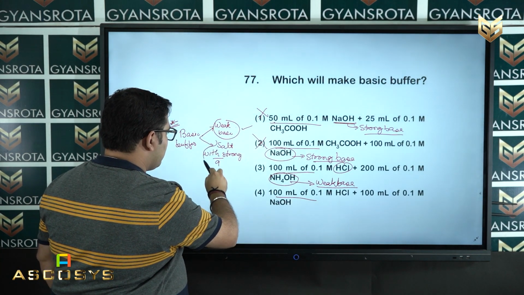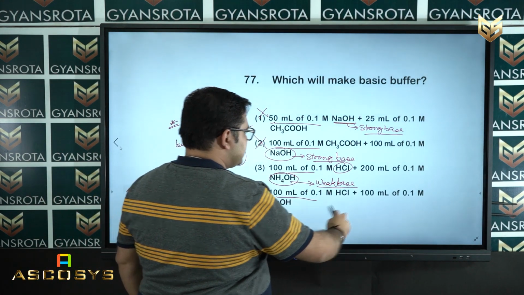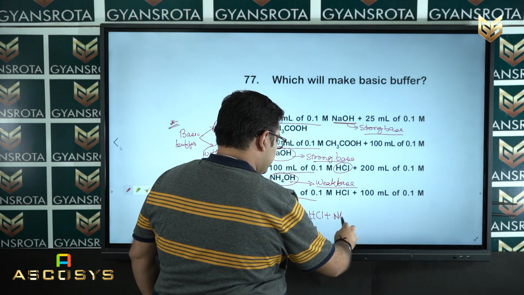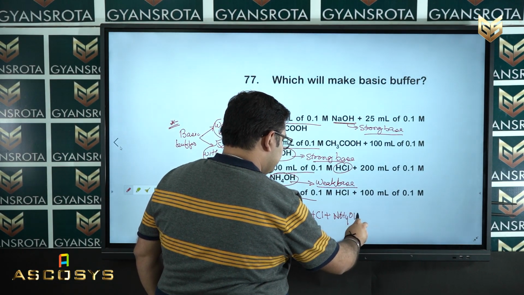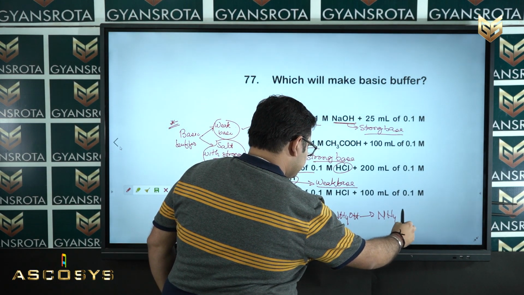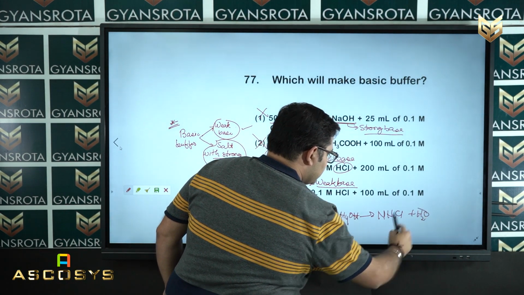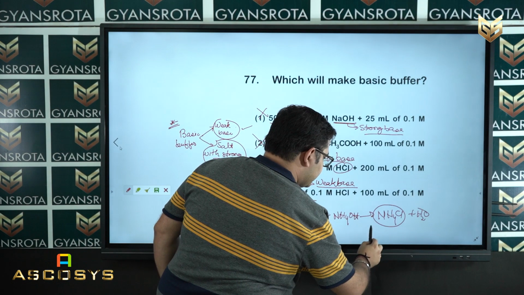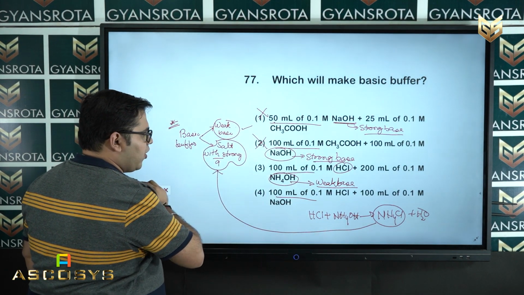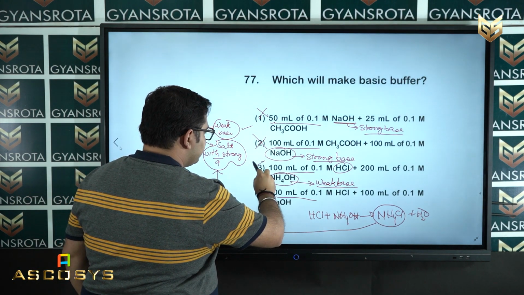Now, let us see whether it is a salt with strong acid or not. When HCl reacts with ammonium hydroxide, it produces ammonium chloride and H2O. So, this ammonium chloride is nothing but a salt with strong acid, meaning our basic buffer is option 3.